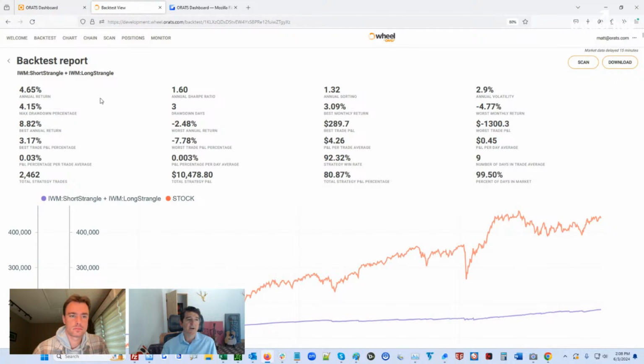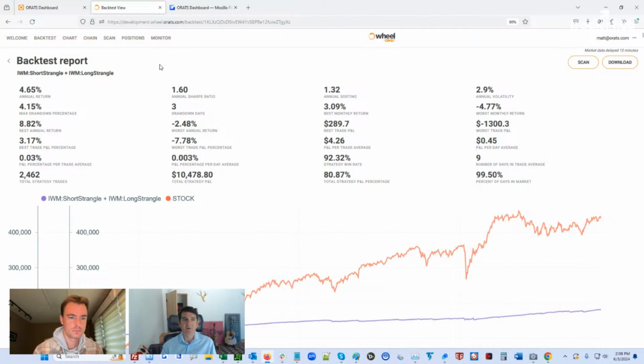And we have alerts that will say if it's getting close to being breached, and then you could exit the trade. The cool thing is that you leave the long strangle on, so if there's a big move, you have that long strangle on. But that long strangle is very far out of the money.